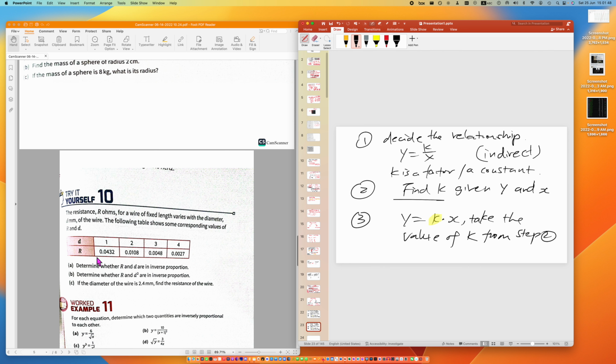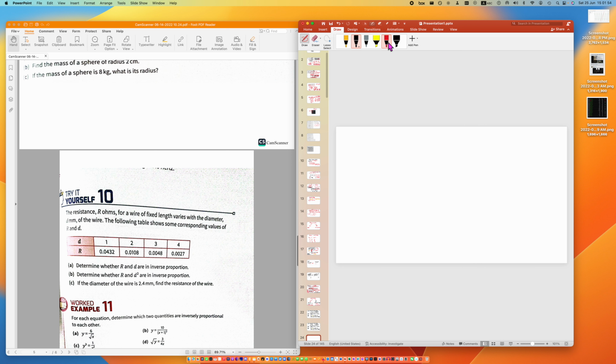How do you decide it's an indirect relationship? The opposite of direct. Direct means both up, both down.